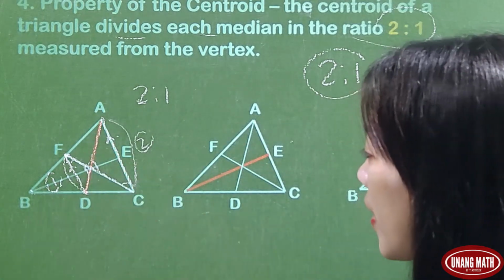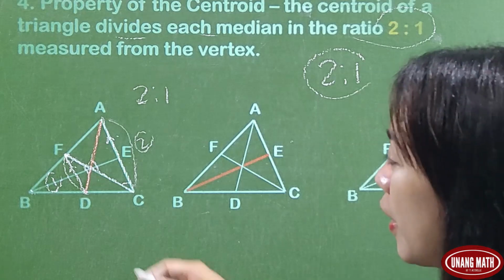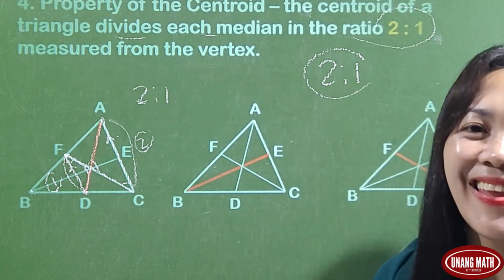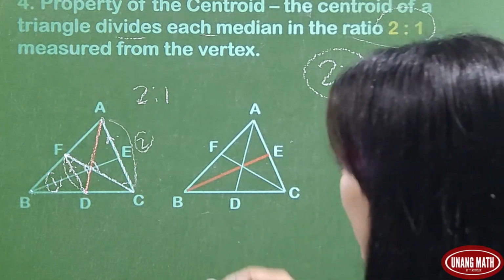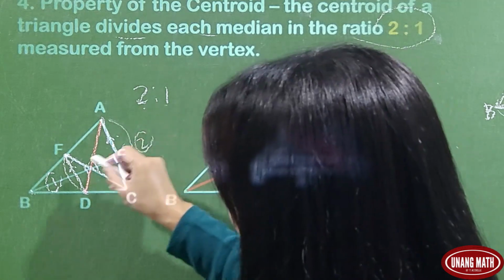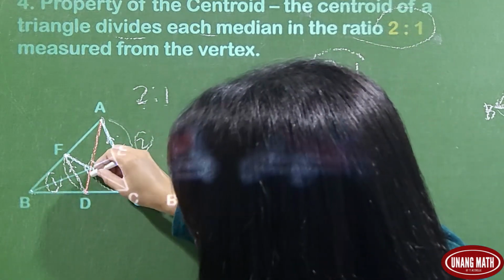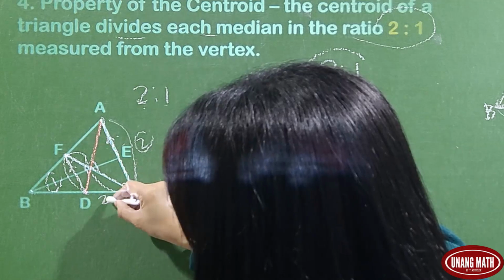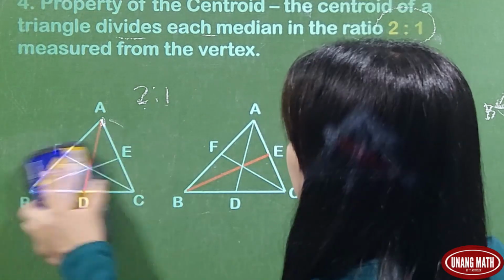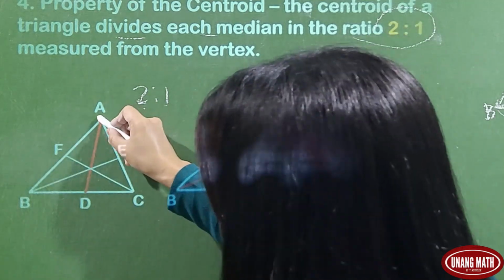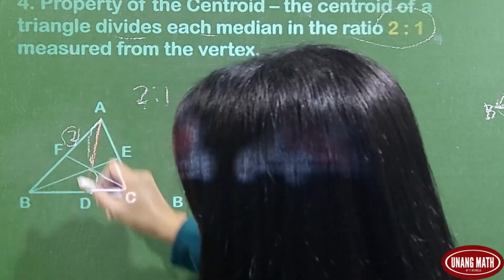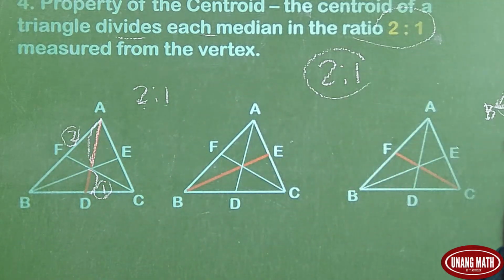That's why these two triangles are similar figures. So the ratio of the length of the corresponding sides are equal or constant. This side corresponds to this side in the ratio 2 is to 1. This side corresponds to this side, so it means 2 is to 1. And also, our median here is in the ratio 2 is to 1.